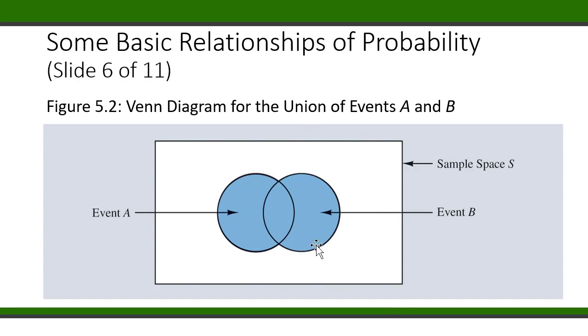So this is a Venn diagram. So we have event A, event B, and this is the sample space. So this is event A, this is event B, this would be the intersection of A and B. But right now, this is A union B. So everything that's blue is A union B. So it's everything in A, everything in B, and everything that's intersecting.